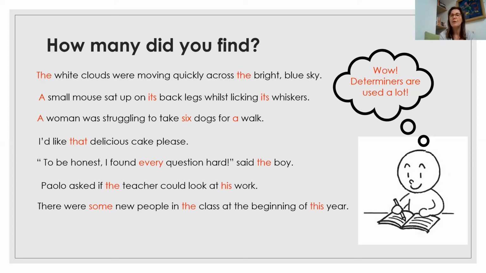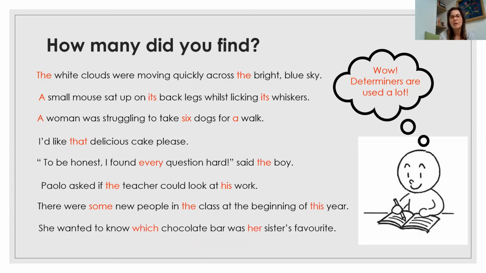No. New is an adjective because it describes the people. Some, that's your determiner. It's a determiner of, did you spot it? It's quantity. Let's look at class. It's the class. So the should be underlined. That's your determiner. It's a th one. And we have this year. So this is your determiner and it's another th one. Let's move on.